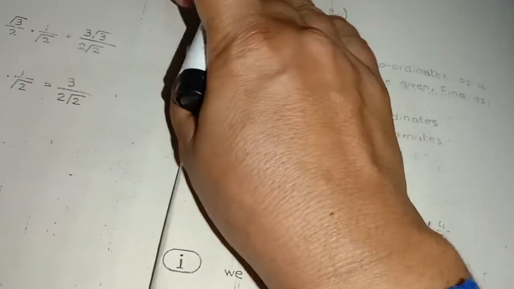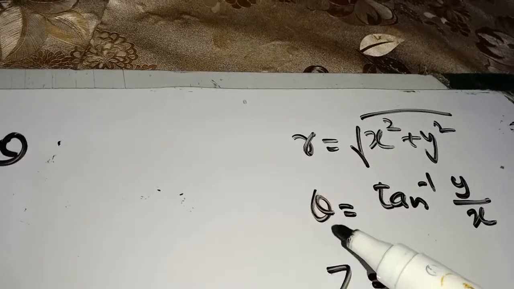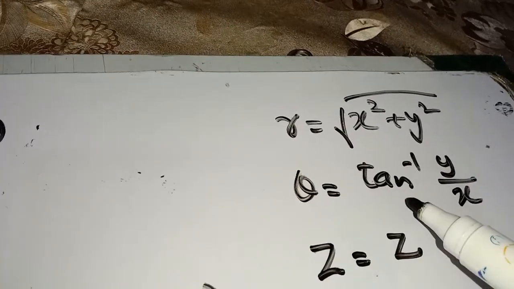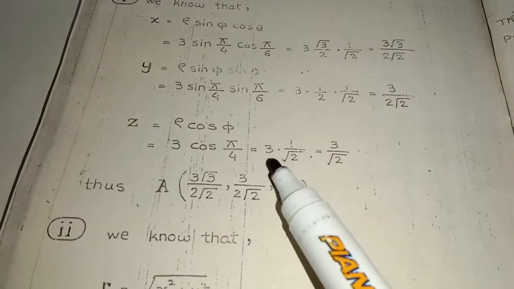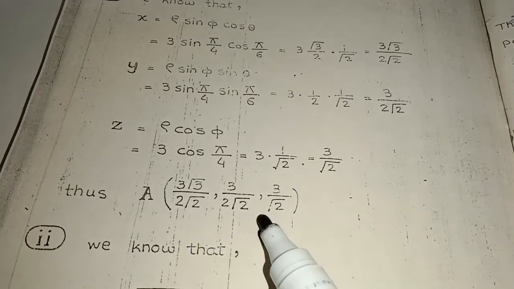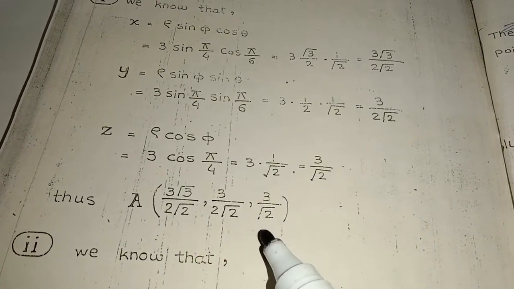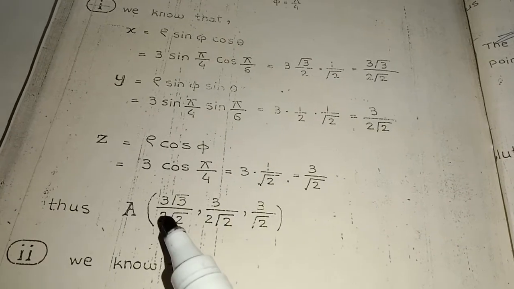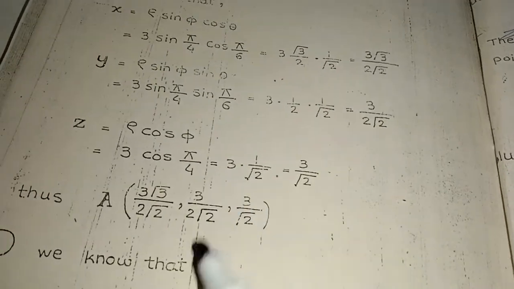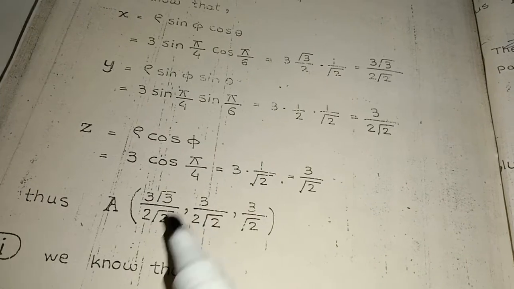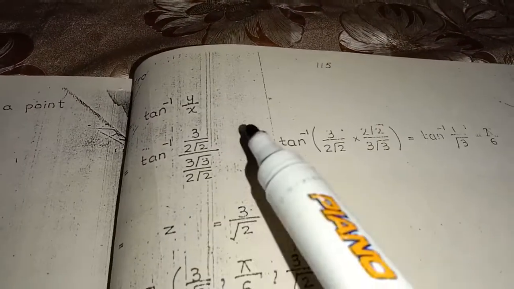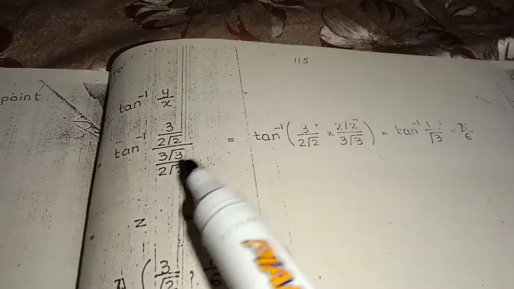Now the second component is theta, which is tan inverse of y by x. So tan inverse of y by x, y is 3 by 2 under root 2, it is x, it is y, and it is z. So y by x will be 3 by 2 under root 2 over 3 under root 3 by 2 under root 2. So here it is tan inverse of y by x, which is this.